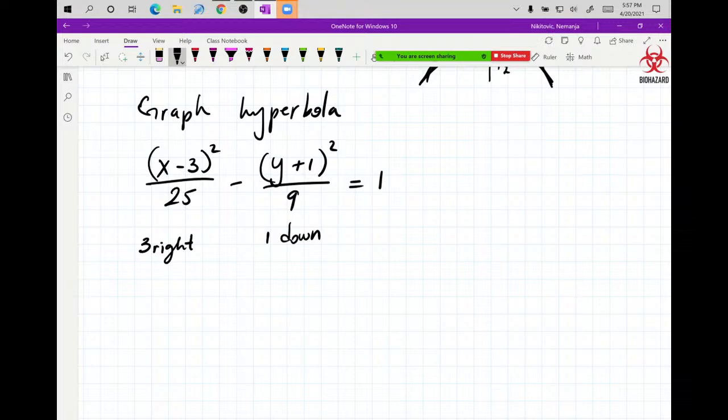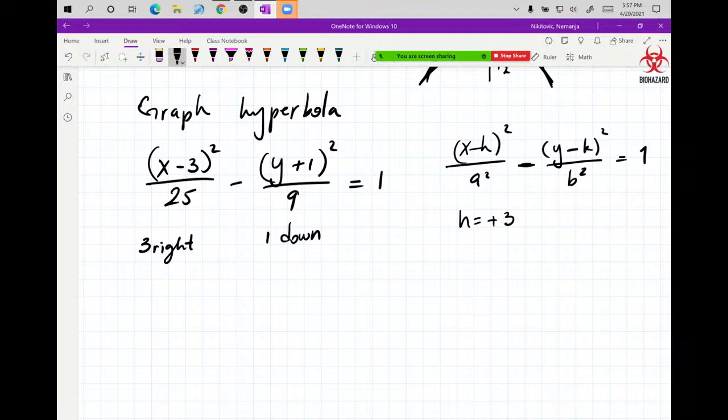How do we know this? As I said, we have x minus h squared over a squared minus y minus k squared over b squared equals 1. When you compare this, you will get that h is equal to positive 3, and k, which is associated with y, is equal to negative 1, because the signs don't match. When the signs match, you take the same value, so positive 3 and negative 1.